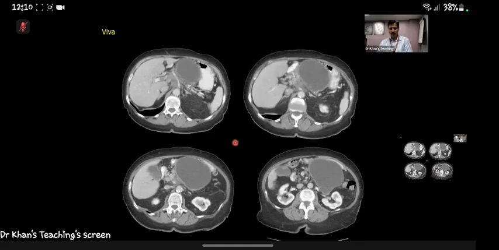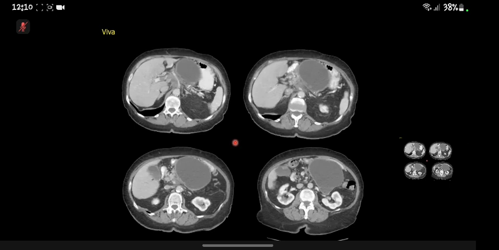Or you're very, very close. Is there a complication of the pancreatic adenocarcinoma? Yeah, absolutely. This is malignant transformation of mucinous cystadenoma.